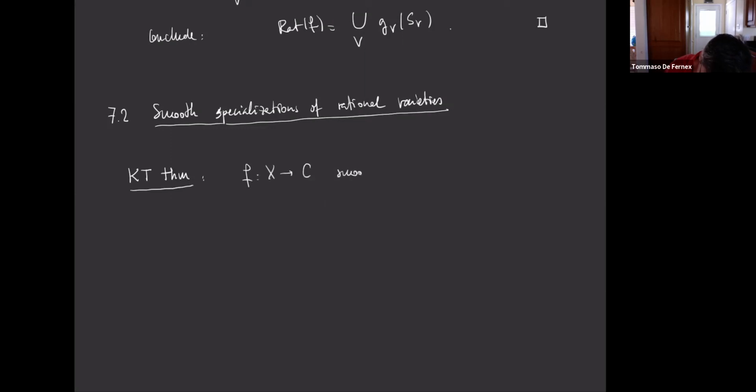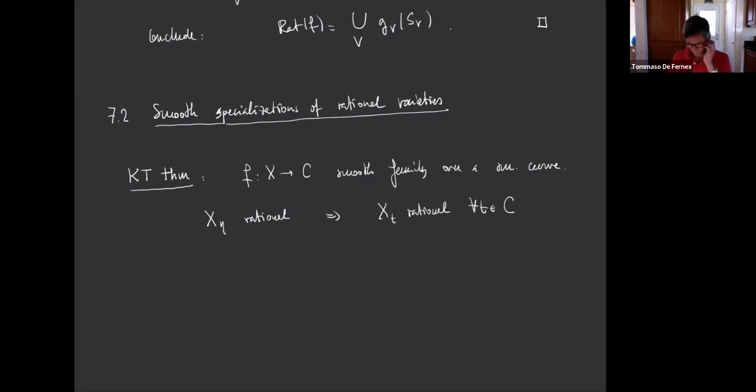So they start with a smooth family over a smooth curve. And then if the generic fiber is rational, then it implies that the closed fibers, all fibers, are rational.